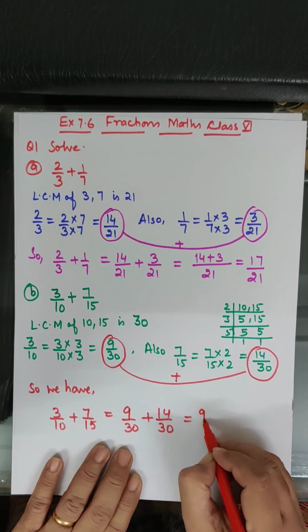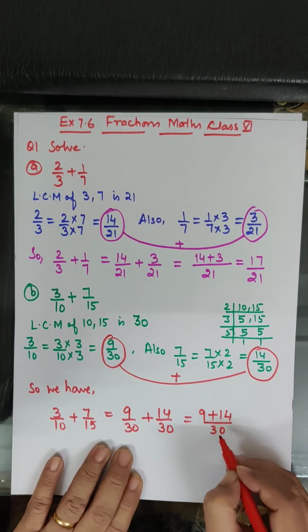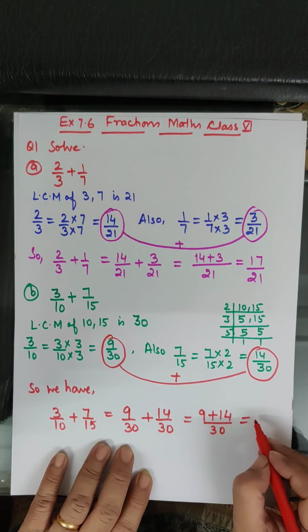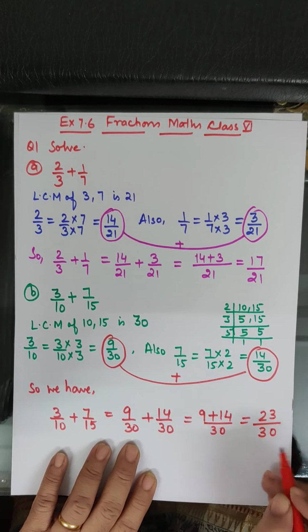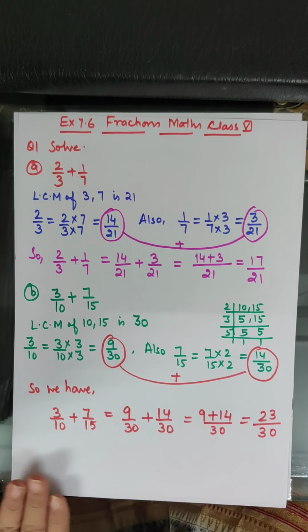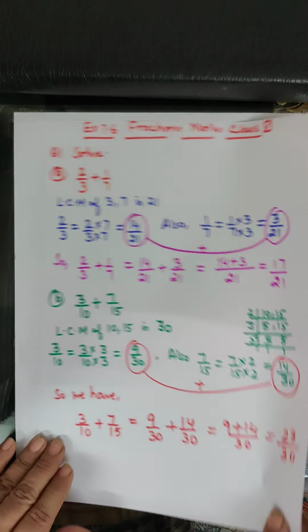So directly add 9 plus 14 upon 30. 14 and 9 is what? 23 upon 30. So this is the answer. Okay. Now coming to C part.